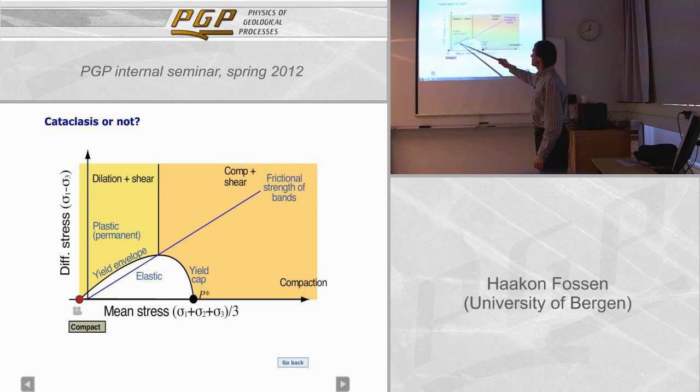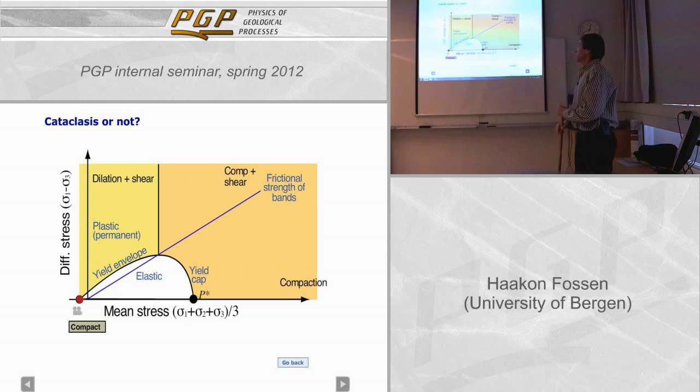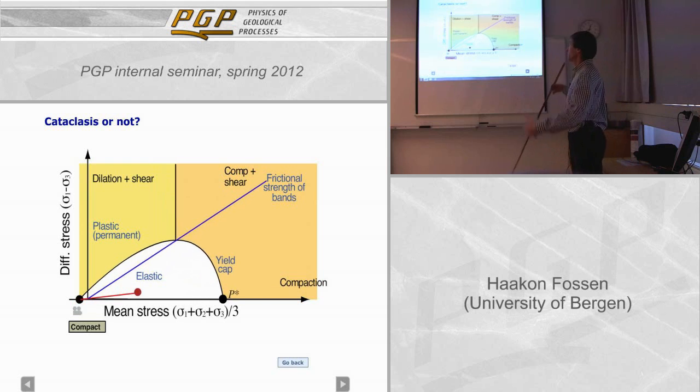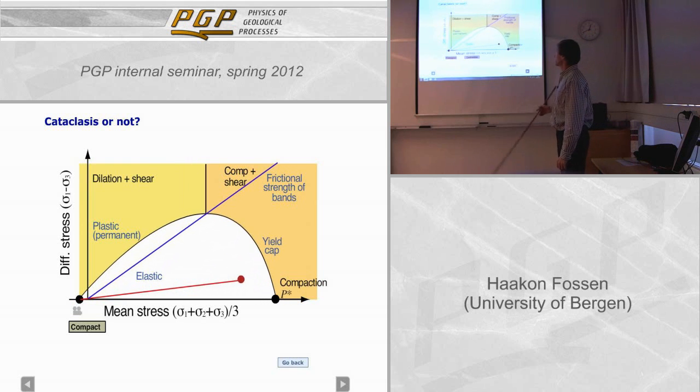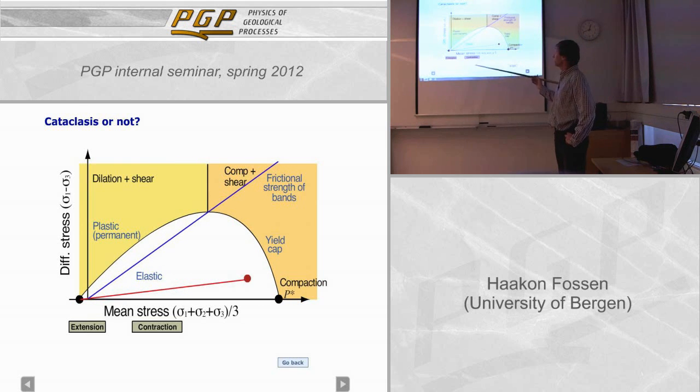Once you hit this yield envelope, the yield cap in this part, you're going to form deformation bands, permanent deformation. And as the rock compacts, as it gets buried, this envelope is going to change and grow, because it depends on porosity, among other things.